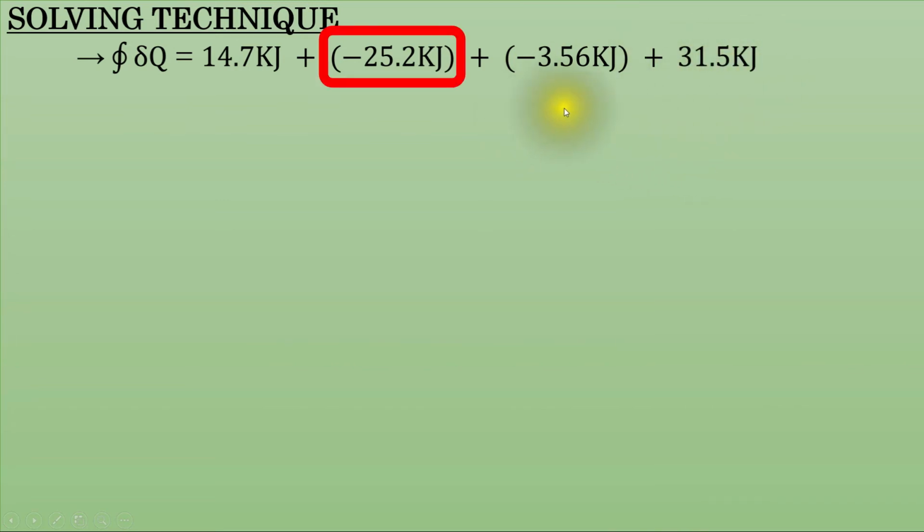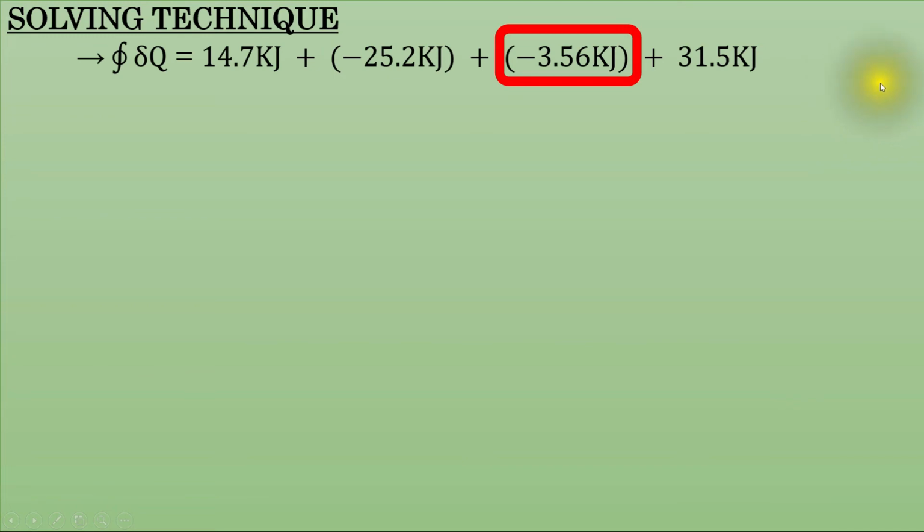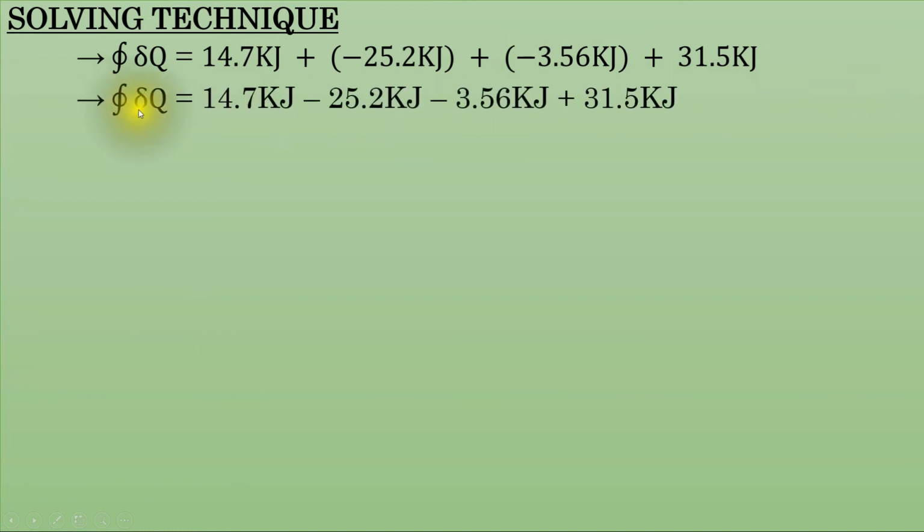So here plus of minus 25.2 kilojoule is minus 25.2 kilojoule and plus of minus 3.56 kilojoule is minus 3.56 kilojoule. So the next step will be cyclic integral of δQ is equal to 14.7 kilojoule minus 25.2 kilojoule minus 3.56 kilojoule plus 31.5 kilojoule.